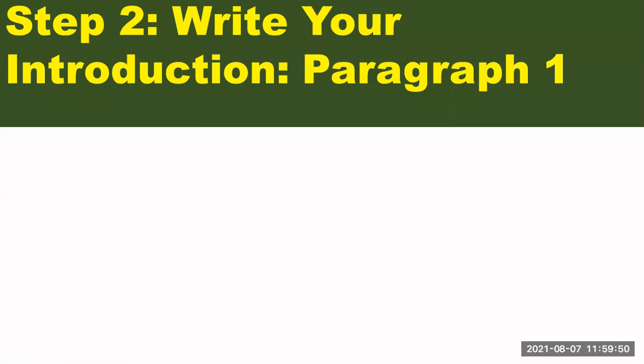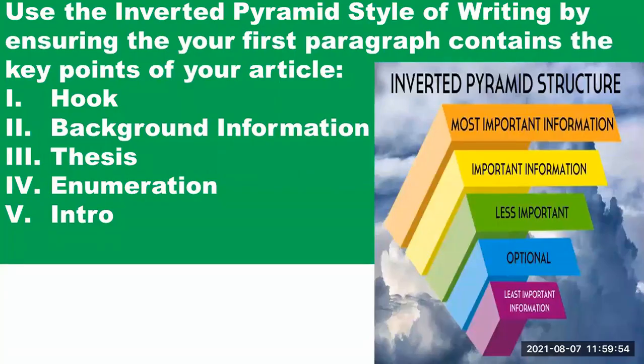Step number 2, write your introduction, which is paragraph 1. How do you do that? You use the inverted pyramid style of writing by ensuring that your first paragraph contains the key points of your article. Now, there are 5 essential ingredients that should be contained in a good introductory paragraph.